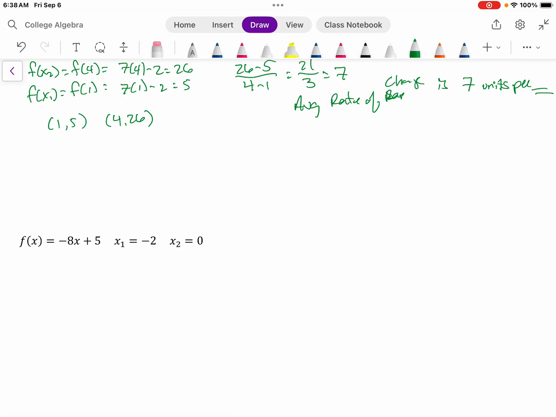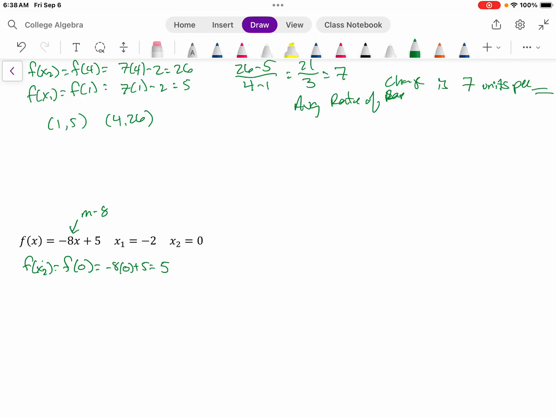Next one, we would go through the same thing. I see that I have a slope in this linear function. This slope is -8. So we're going through the same process. We've got to find f of x2. So that's f of 0, which is -8 times 0 plus 5, which is 5.